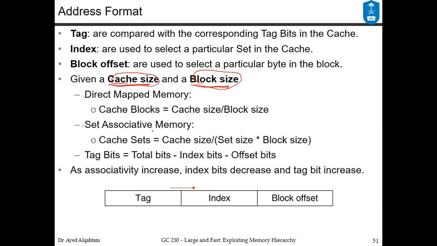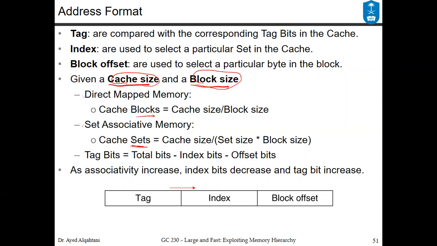For a set associative memory, notice that we are looking for how many sets we have. Here we are looking for how many cache blocks we have, since it's direct map. But here we have many sets, unless it's fully associative. If it's fully associative, it's only a single set.